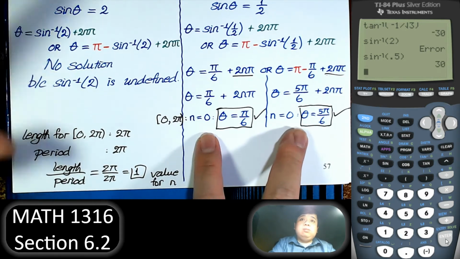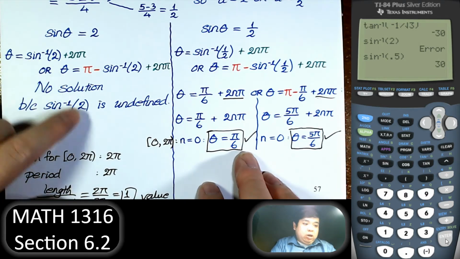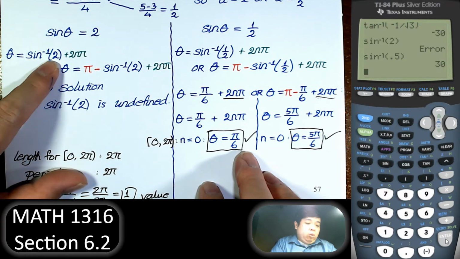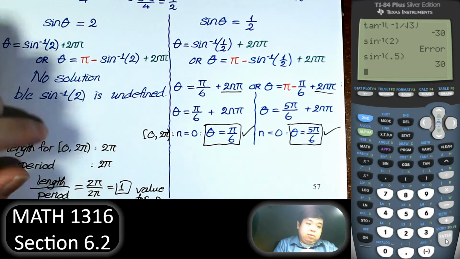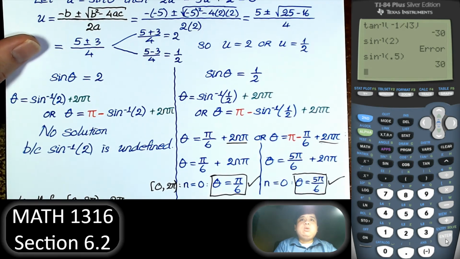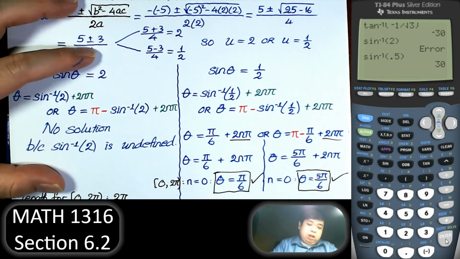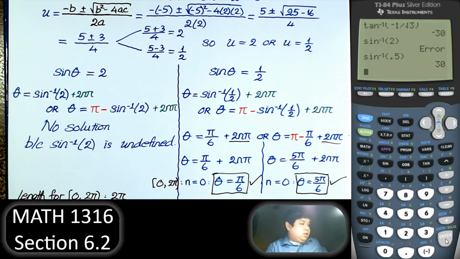Once we find it, that's all we have. And make sure that, of course, sometimes we have no solution, because the domain of the inverse of sine or cosine has to be between -1 and 1. This is not, so no solution. So the solution we have in this problem is pi over 6 or 5 pi over 6.